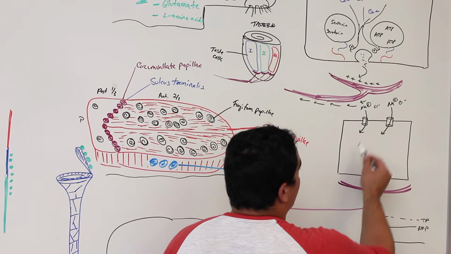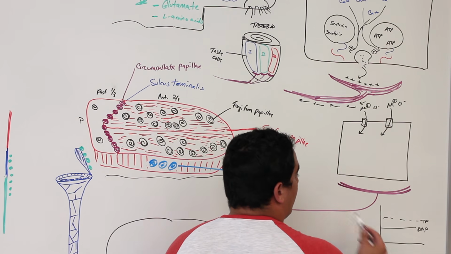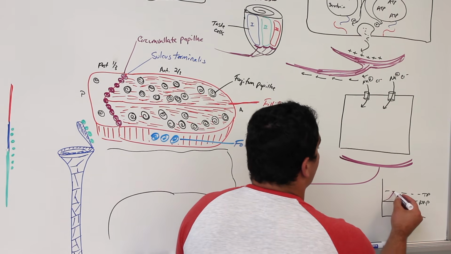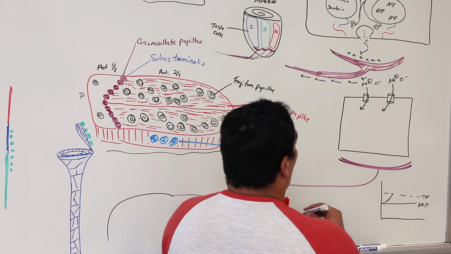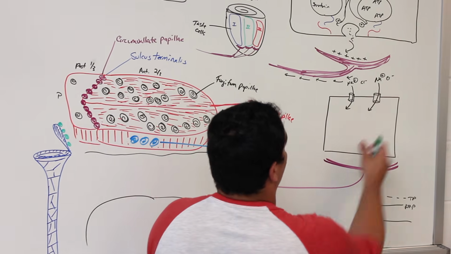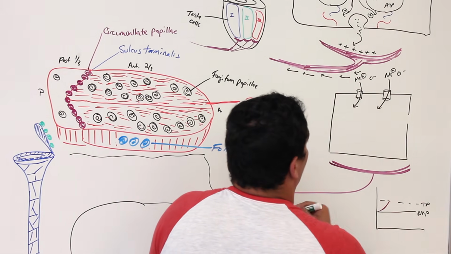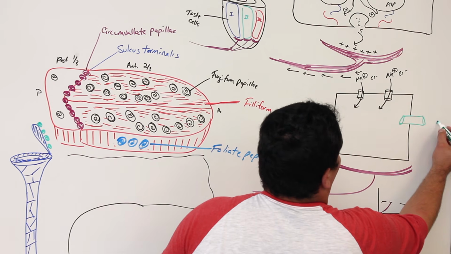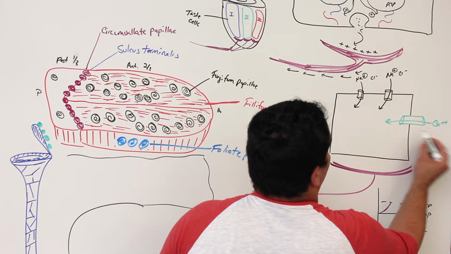When sodium keeps flowing in, he's bringing the resting membrane potential closer to threshold potential. Once he brings it to threshold potential, he opens up special voltage-gated calcium channels on this membrane. And calcium will start flowing into this cell.